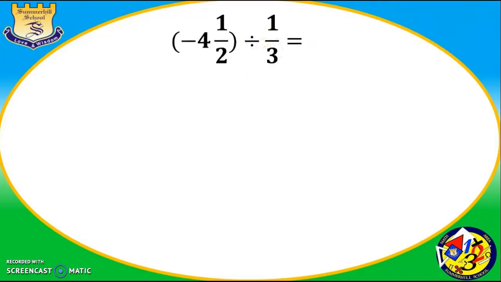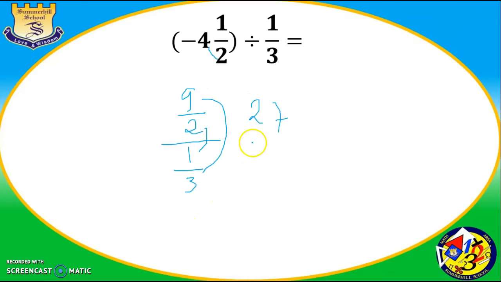This one is easy. In this one, it is a division. When you have to divide, but you have a mixed fraction, you have to convert to improper. So 4 times 2, 8, plus 1, 9 over 2. The denominator no change. And you can make the other one 1 third. And you do this one. 9 times 3, 27. 2 times 1, 2.